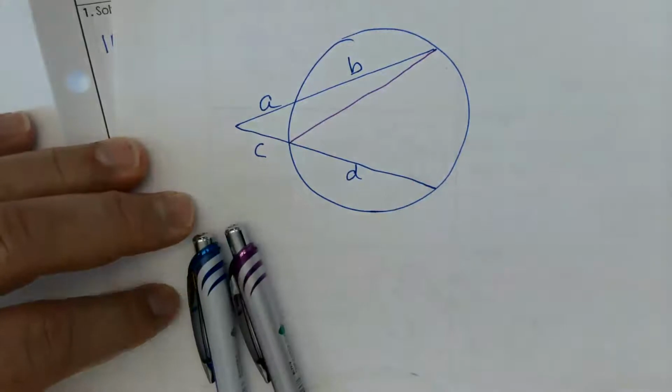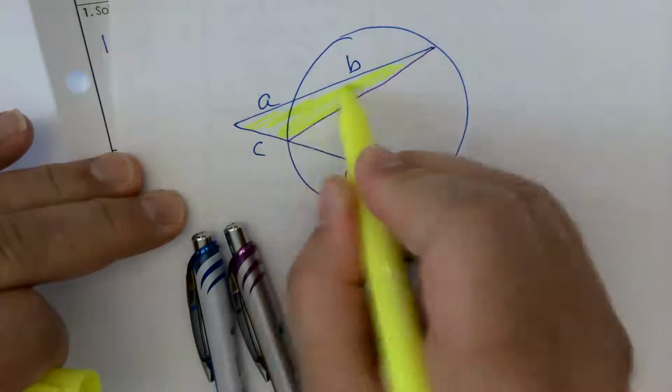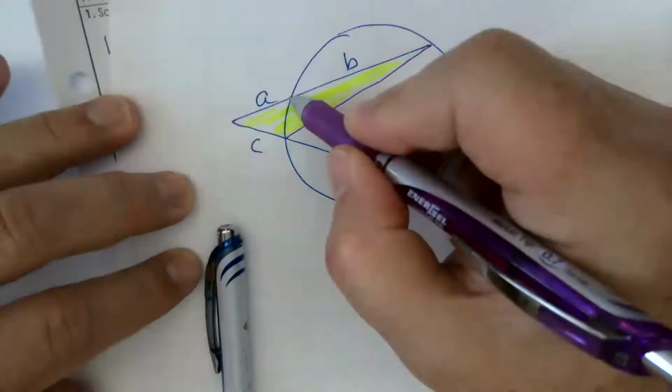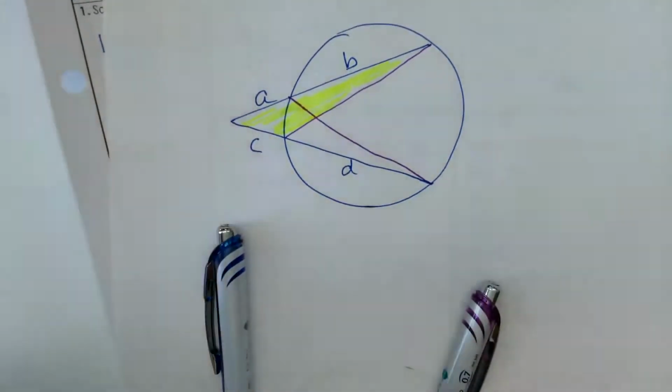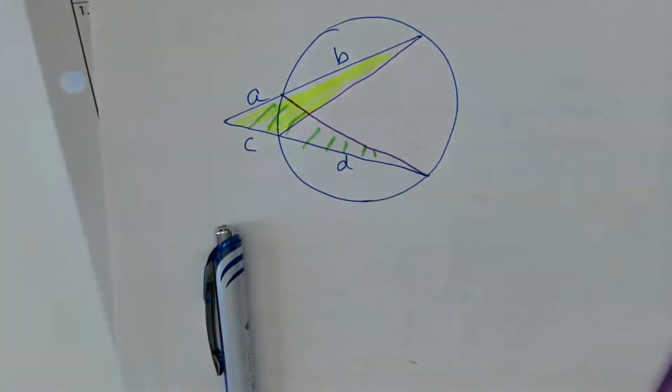So I'm going to draw that little line in, creating this triangle. And then I'm going to draw that one in, creating this triangle. What's true about these 2 triangles?